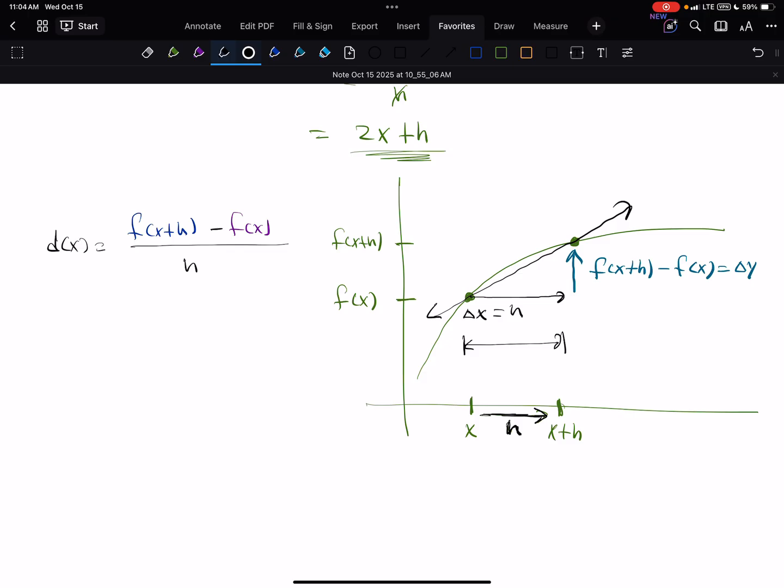Now, h cannot equal 0. That would be a discontinuity. Even if we can cancel h out, h cannot equal 0. That would be a removable discontinuity.